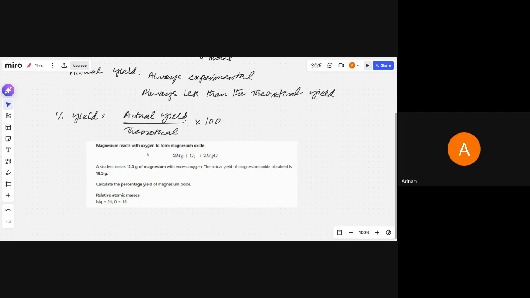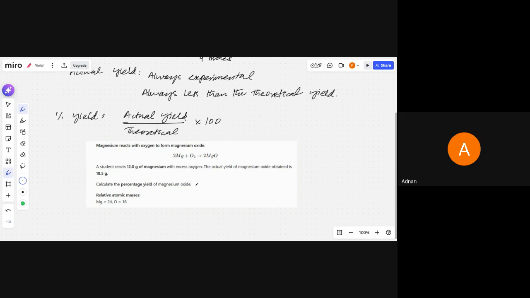Magnesium reacts with oxygen to form magnesium oxide. A student reacts 12 grams of magnesium with excess oxygen. The actual yield of magnesium oxide obtained is 18.5 grams. Calculate the percentage yield of magnesium oxide.